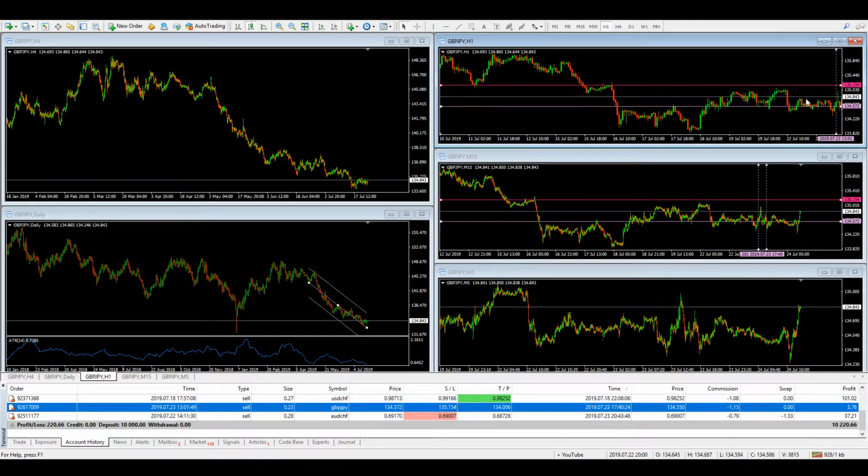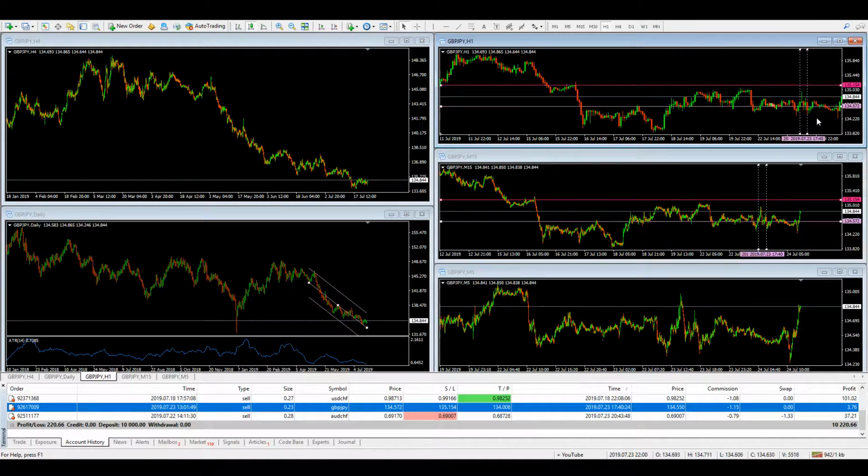It started to make this higher high here, and at that point I decided that rather than leave myself open to the risk of being stopped out unnecessarily, I had the option to break even on this, which I did. And you can see even now it's still doing that.